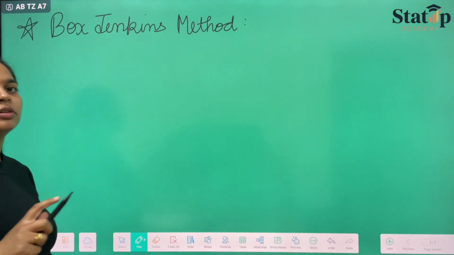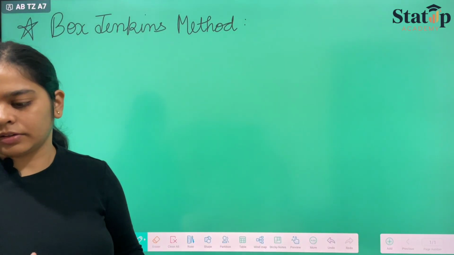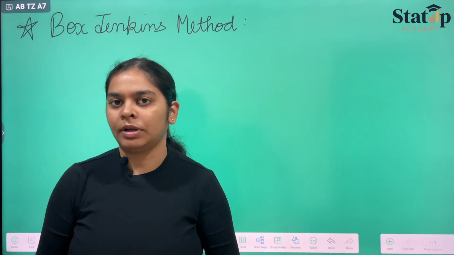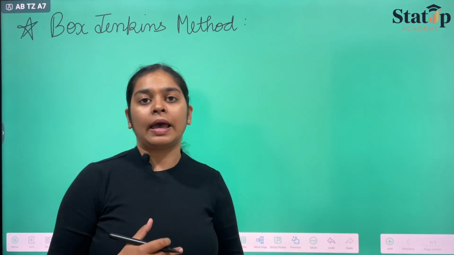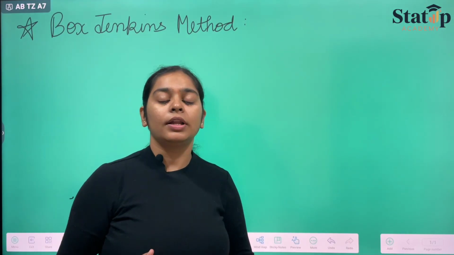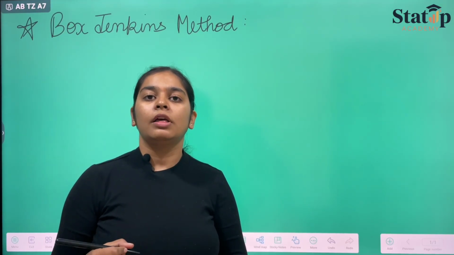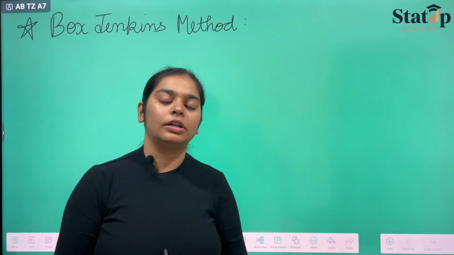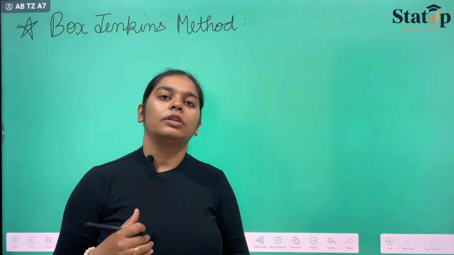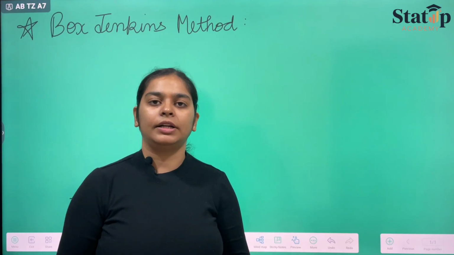So the Box-Jenkins method is a method which helps us to identify, then estimate the parameters, and then finally check or test whether the parameters satisfy our model or not, and finally make a final model. That model is meant for forecasting, and the forecasting model is dynamic in nature, which means it changes whenever the value of the time period changes, so it keeps on changing and updating itself.